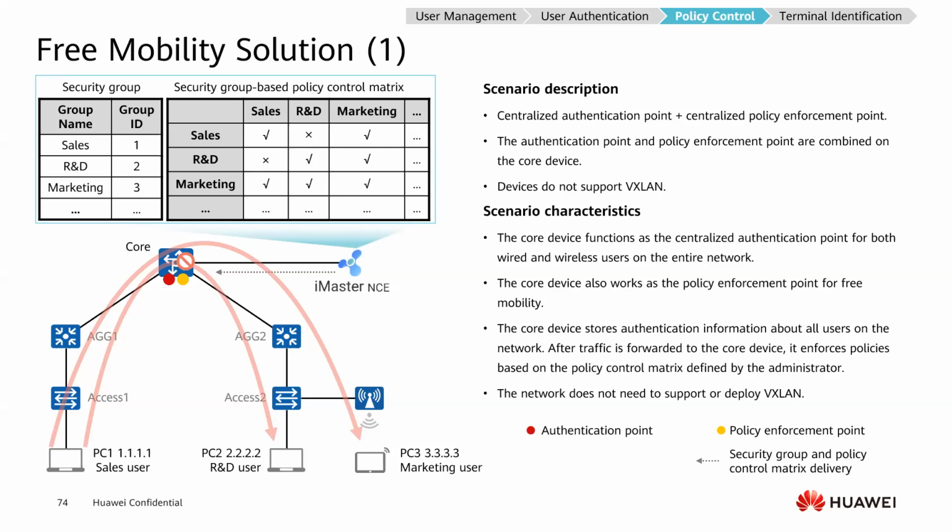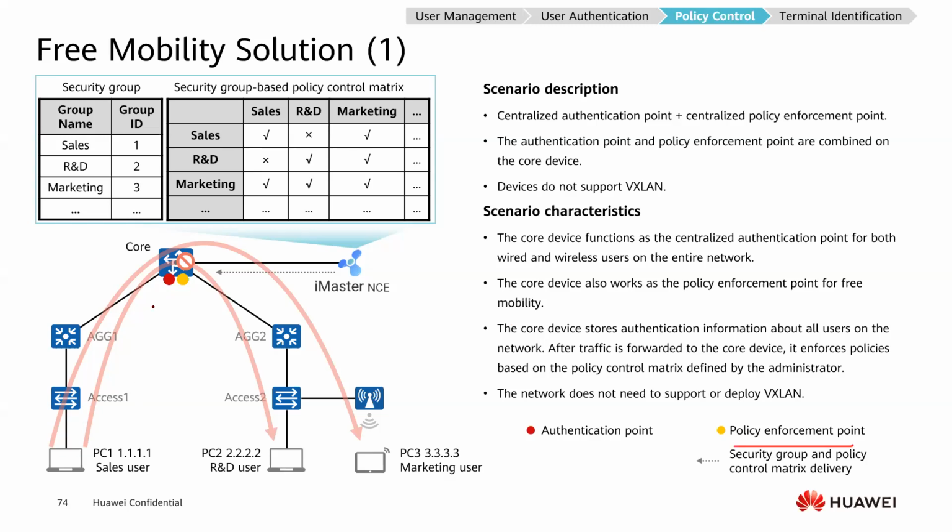The first scenario does not use VXLAN, it's just the traditional network. It also supports the free mobility. We can use the core devices as the authentication point and also the policy enforcement point.